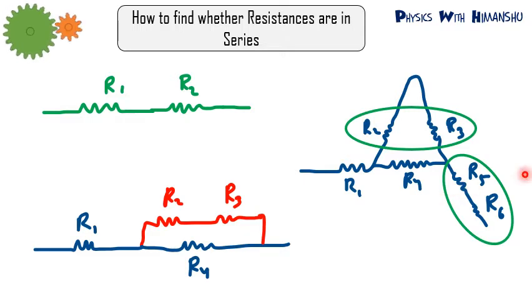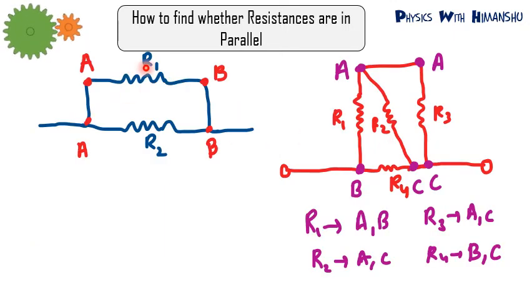So moving further, let us discuss how to check if resistances are in parallel or not. Suppose we have two resistances R1 and R2. Put a point A on the left side of R1 and a point B on the right side of R1.